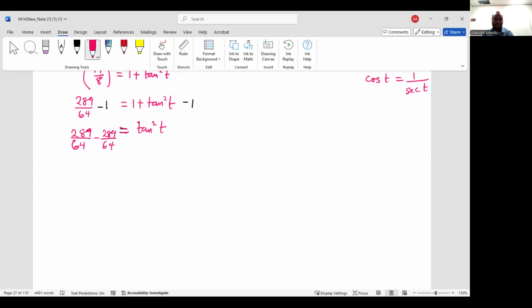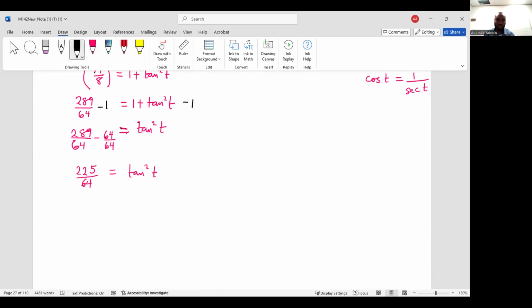Oh, no. Sorry, guys. That's not what I need. I can rewrite 1 as 64 over 64. And now, if I subtract that, this is 225 over 64 equals tangent squared of t.